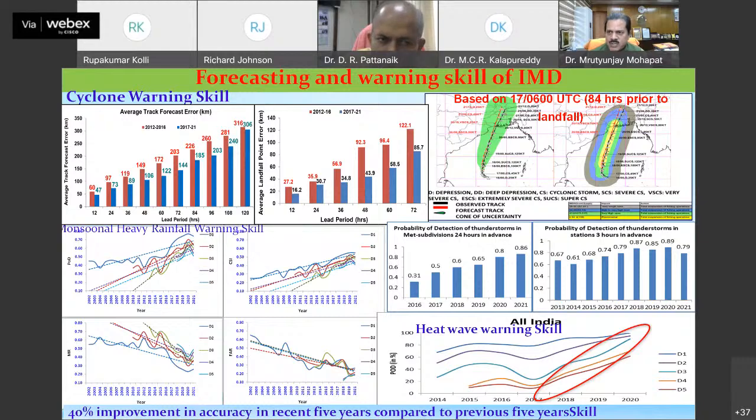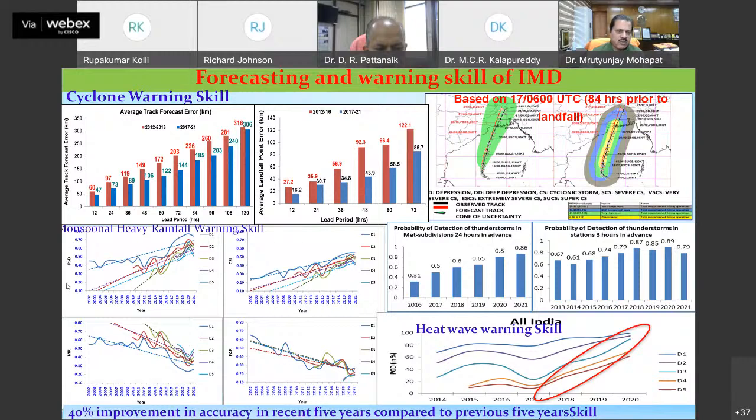You can find an example here, the super cyclone Amphan, which crossed during the onset phase of monsoon in May 2020. It was well predicted, not only with respect to genesis, but track, intensity, and associated severe weather. There has been about 40% improvement in accuracy of various types of severe weather events, including monsoonal heavy rainfall, cyclones, heat waves, and thunderstorms in the recent 5 years compared to the previous 5 years.